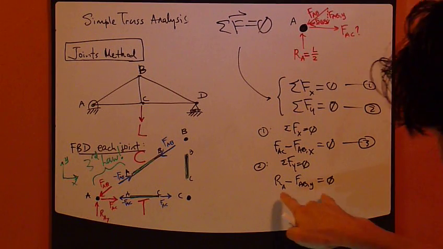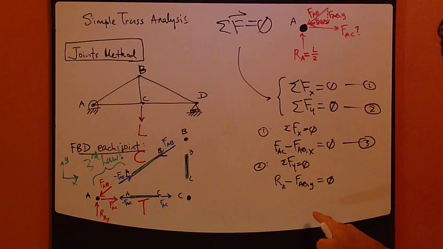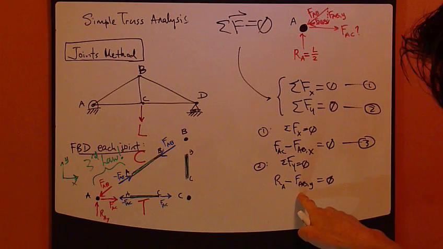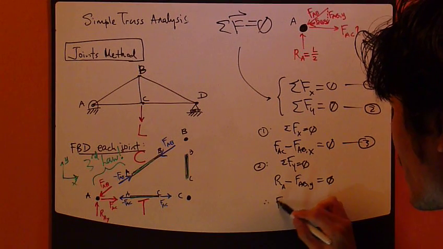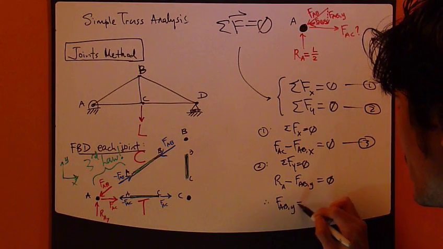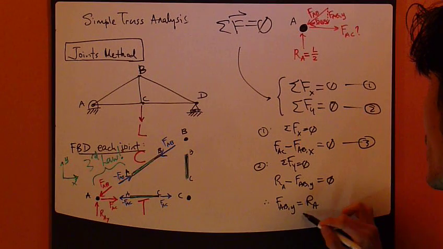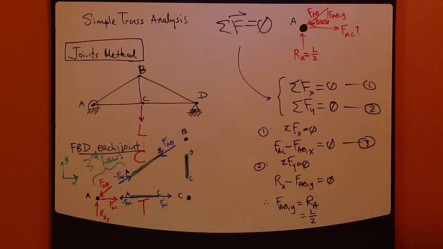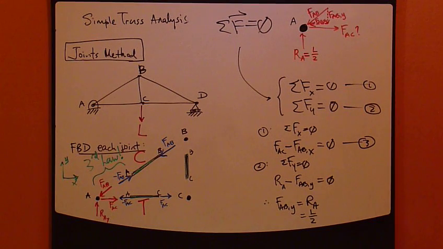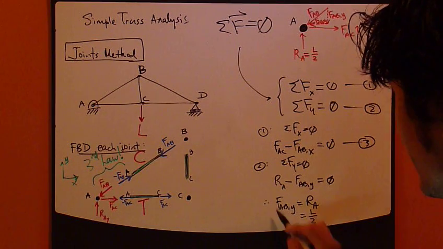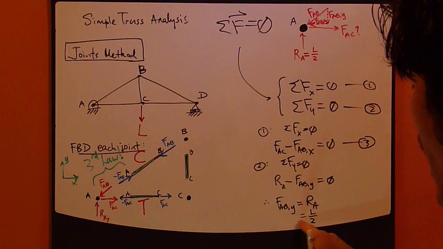In this equation, I have only one unknown, FABY, since RA we know. So FABY equals RA, and RA equals 1/2 of your load. So you solve for FABY.